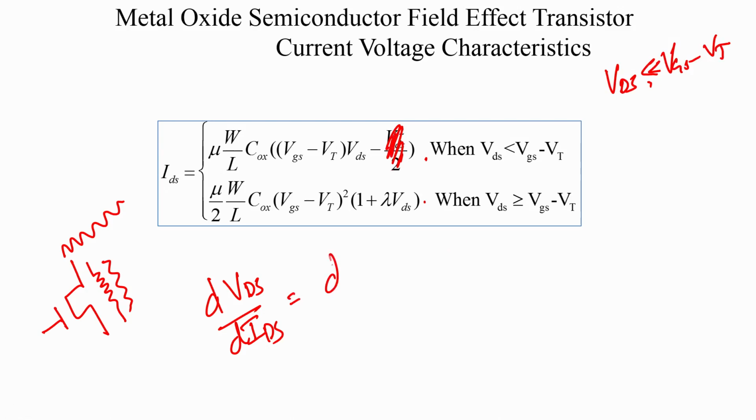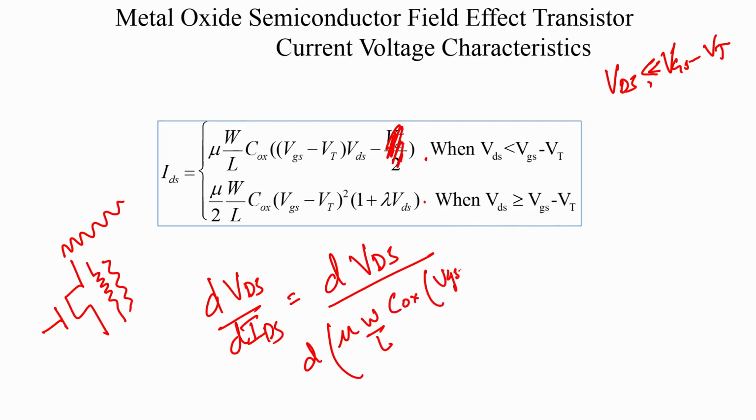So, what we are asking is, for a MOSFET in linear, what is dVDS by d of IDS, which is mu W over L Cox into VGS minus VT into VDS. So, you just take this derivative and take the inverse.